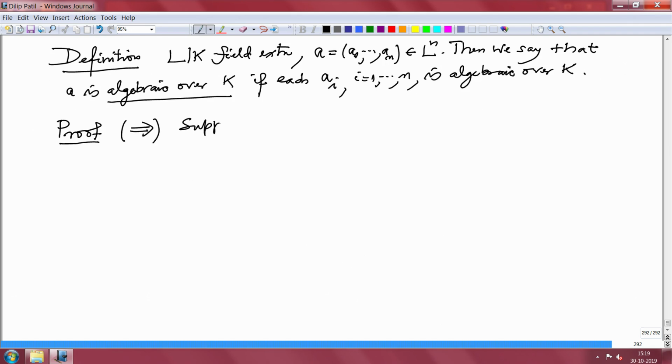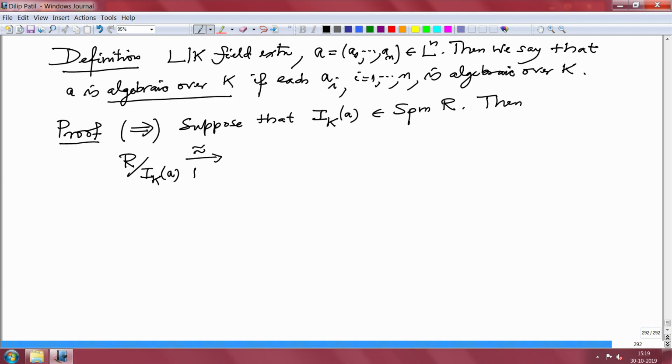Suppose that I_a is a maximal ideal in Spm R. Then we know that R by I_a, which we have seen is isomorphic as K-algebras to the subalgebra generated by a1 to an, is in L.